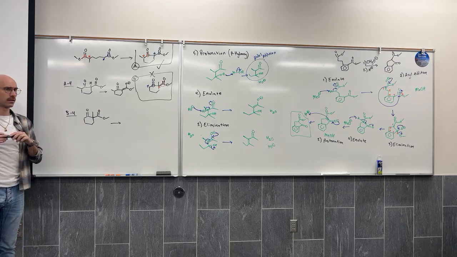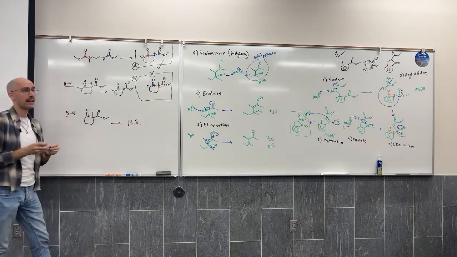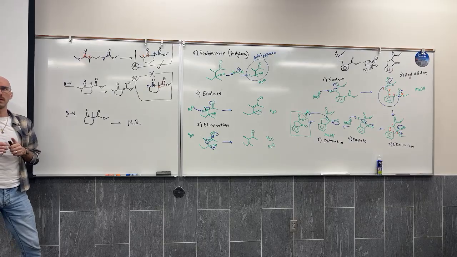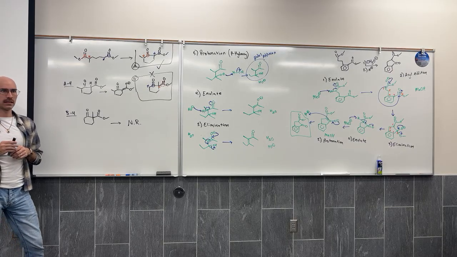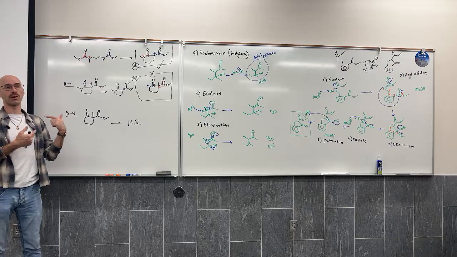But compound B, the structure that we did not form, what do you see? There's no alpha hydrogen. It can't be deprotonated. If it can't be deprotonated, that means it's still possible for it to react backwards.